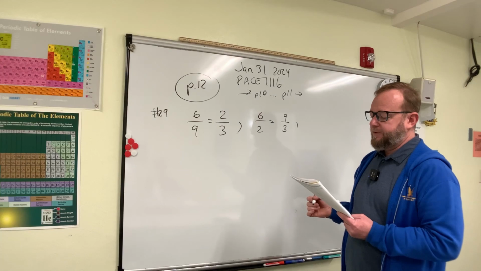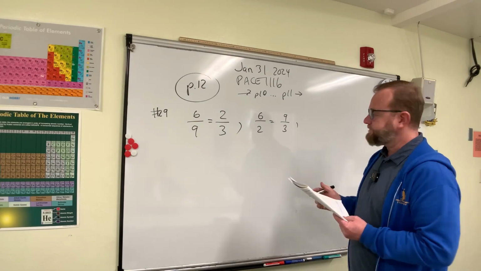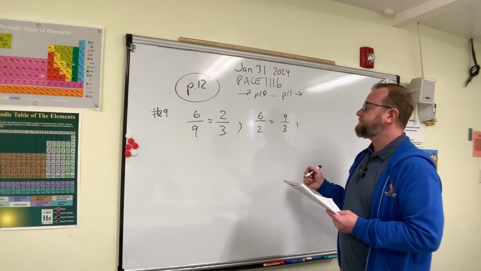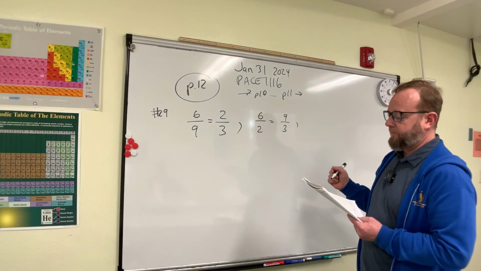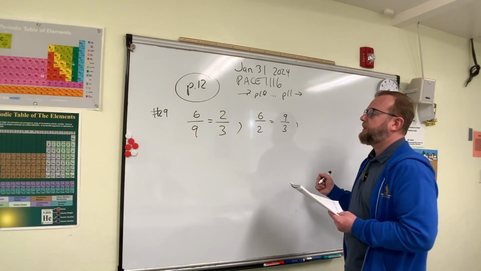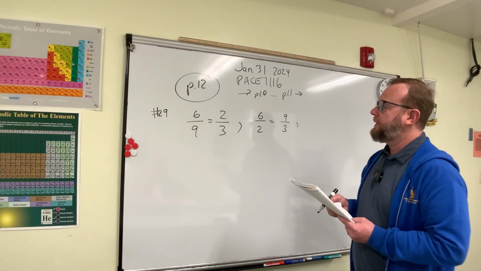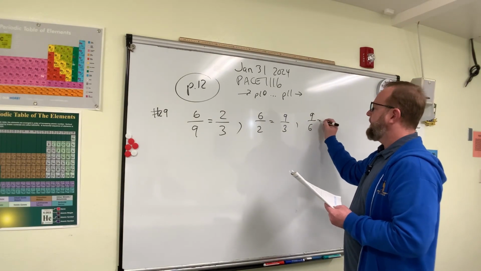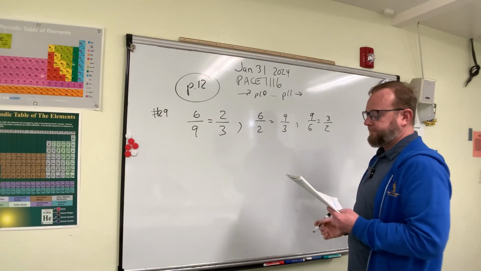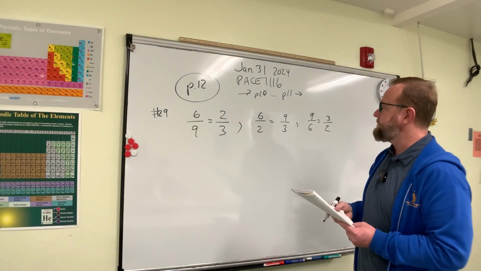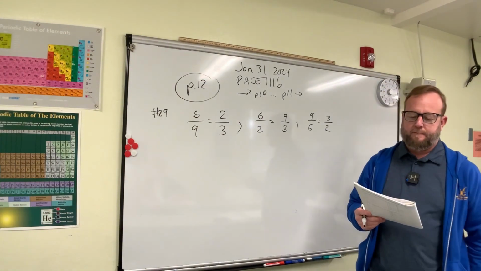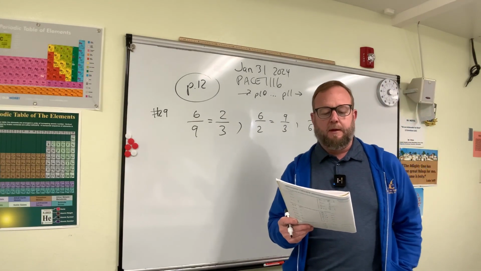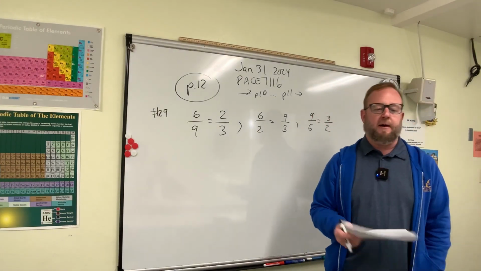And there's a couple other ways you can write that. You can write 9 over 6 equals 3 over 2. And there's one more. So you can finish practicing that for 29.